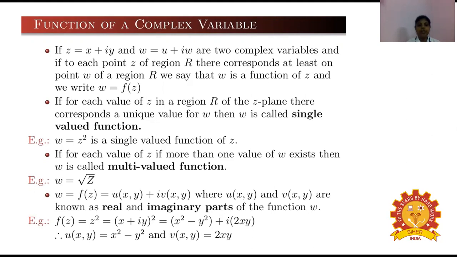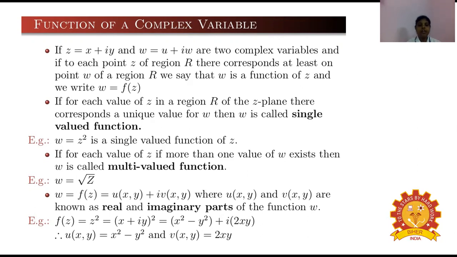w equal to f of z equal to u of x comma y plus i into v of x comma y. Here u of x comma y and v of x comma y are known as the real and imaginary parts of the function w.